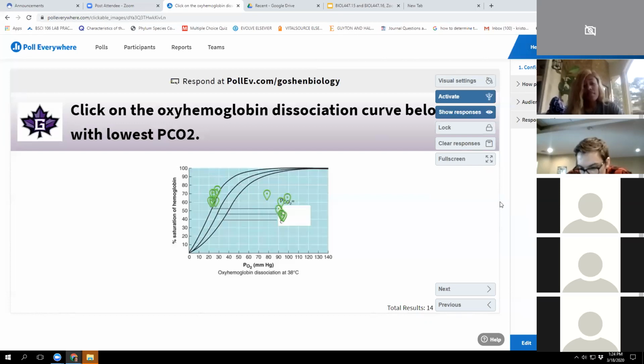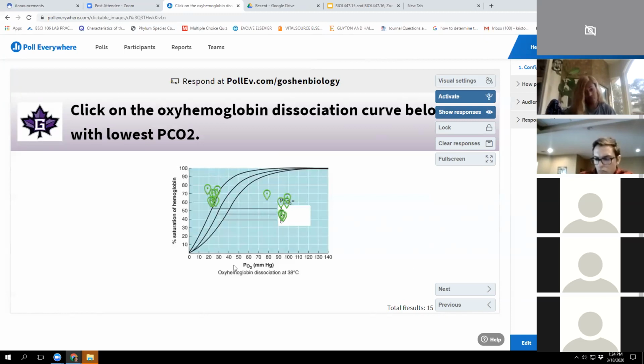Okay, so just like pH shifts your curve to the right, high CO2 shifts your curve to the right. In this question, it's asking you which would have the lowest PCO2. So the lowest PCO2 means you don't need to unload very much.